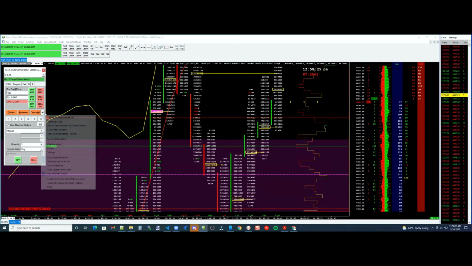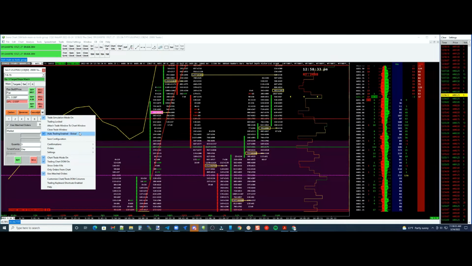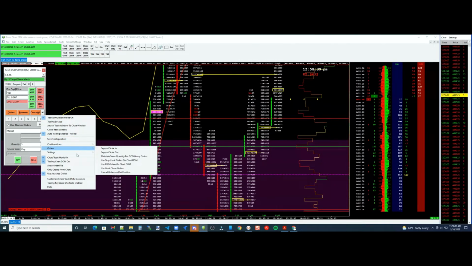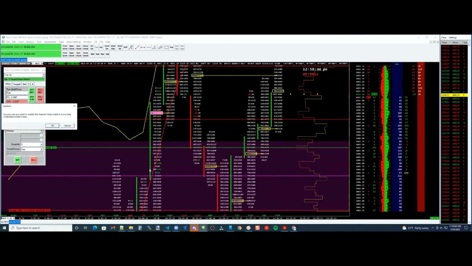So if you come under here, and I believe it's under settings, let's see here. Where's it at? Always in live. I cannot remember where stuff is at, but I believe, oh, cancel orders on flat position. Okay, so right there.